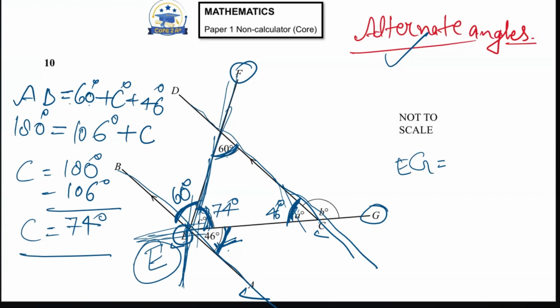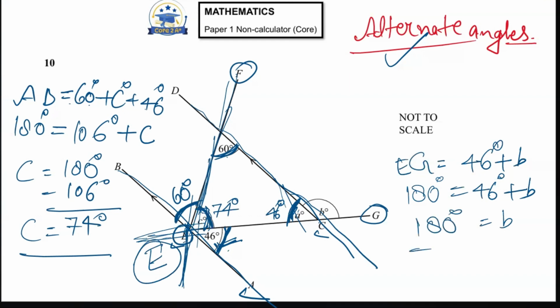By adding 46 plus B. EG equals 180 degrees, which is 46 degrees plus B. So B equals 180 degrees minus 46 degrees, which is 134 degrees. This is the value of B. So I think we have gotten all of A, B, and C, right? That's how you have to solve.